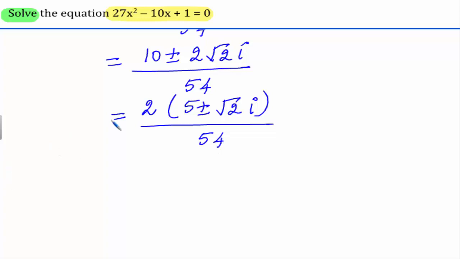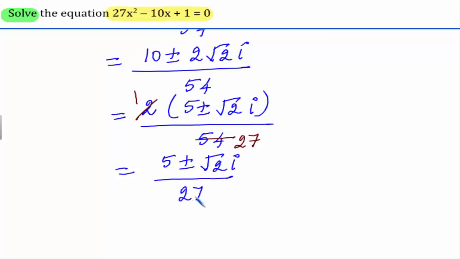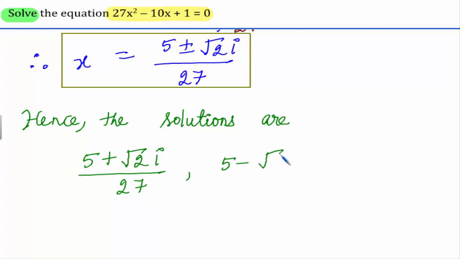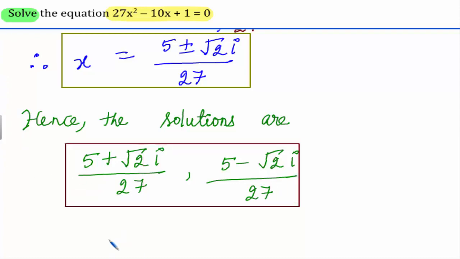Upon simplification, we get 5 plus or minus root 2i divided by 27. This is the value of x. Hence, the solutions are 5 plus root 2i divided by 27 and 5 minus root 2i divided by 27. With this, we come to the end of the solution.